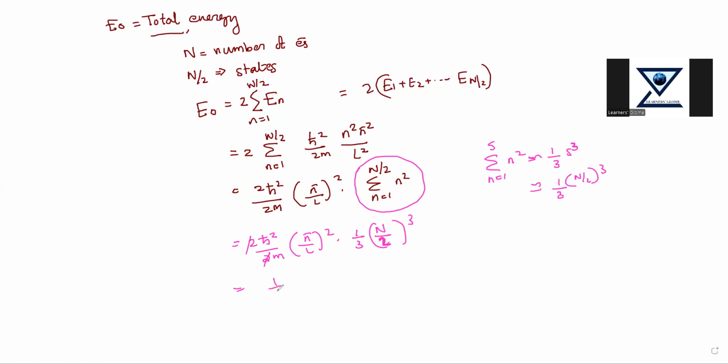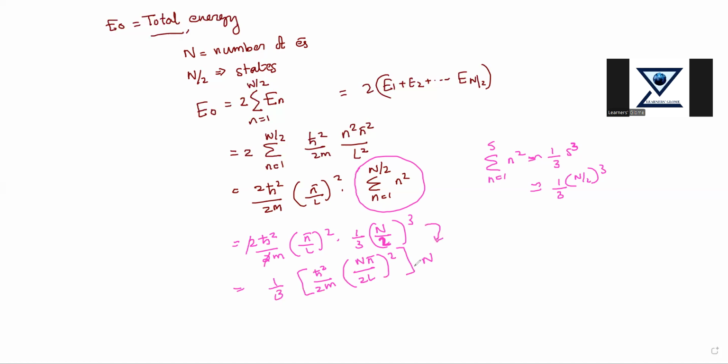So that is equal to 1 by 3 into h bar square by 2m into (N pi by 2L) whole square, and then one N is remaining here into capital N. So by rearranging, we obtain this equation like this.